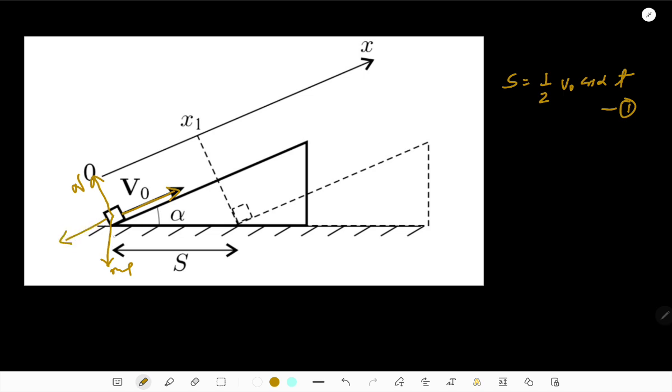So this is mg sin alpha and this is mg cos alpha. I had to write these things, and these forces will continue to act on it. Well, normal can change, but mg cos alpha and mg sin alpha are not going to change.